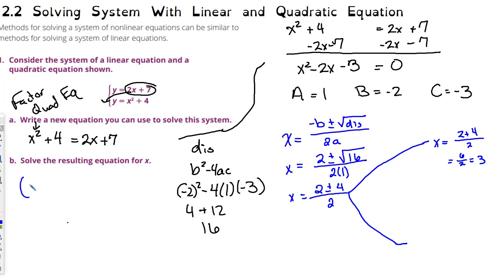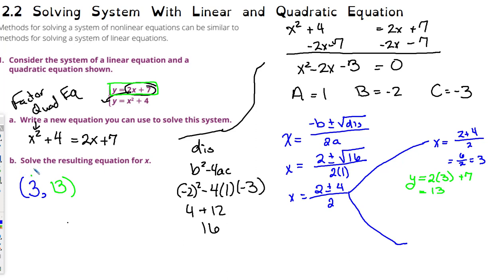So we know one of the ordered pairs has a 3 for the x value. Now I need to find my y value. So I'm going to take one of these equations. I personally prefer to work with the linear equation. So y equals 2 times 3 plus 7. So 6 plus 7 is 13. So that gives me my y value.